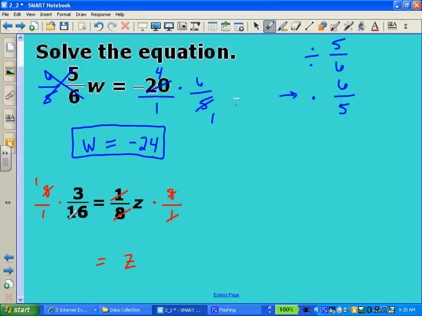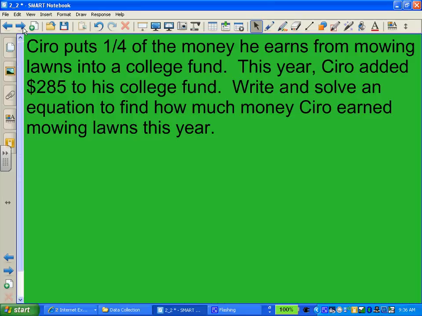Over here, let's see, I can cross reduce. 8 goes into 8 one time, 8 goes into 16 two times. So across, I got 3 over 2. And that would be the same as 1.5 if I change it to a mixed number, but I don't have to do that. I can just leave it as 3 over 2. So when I have a fraction, I want to multiply by the reciprocal.